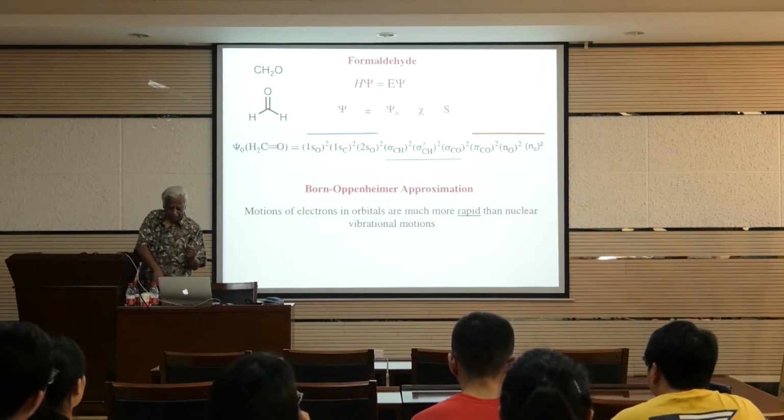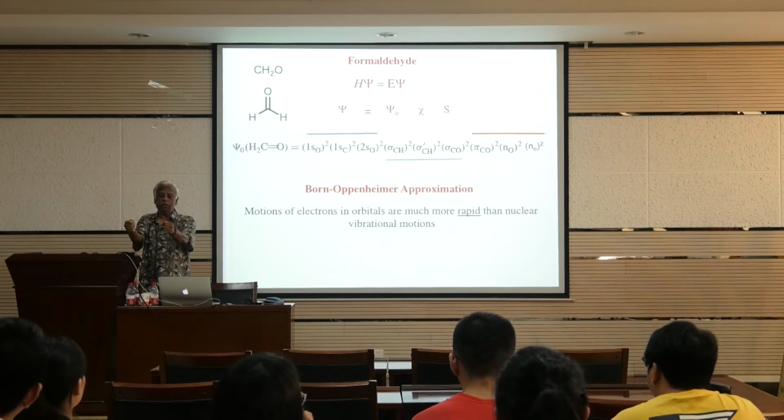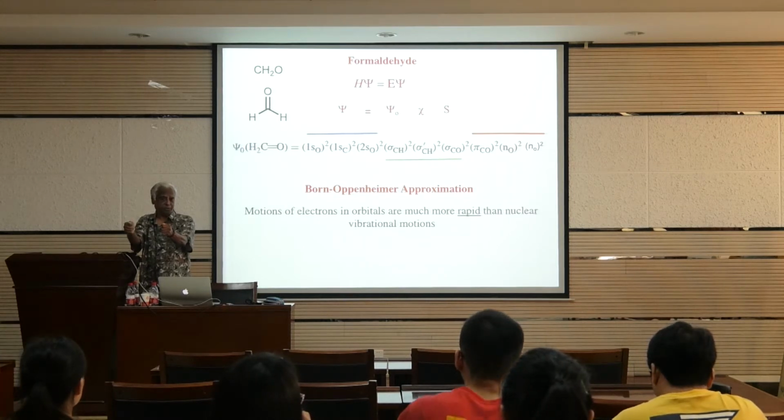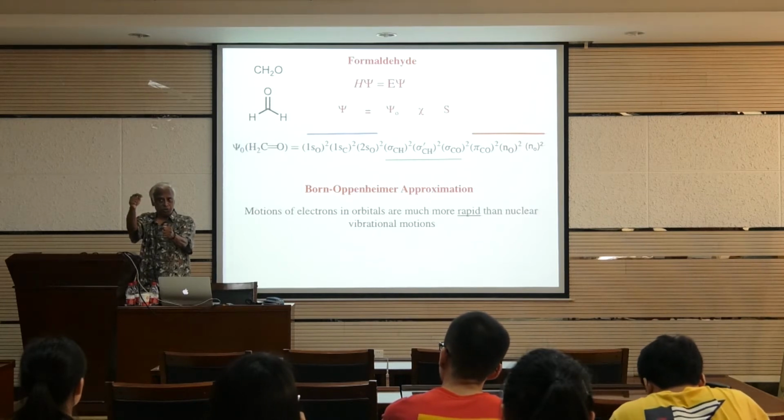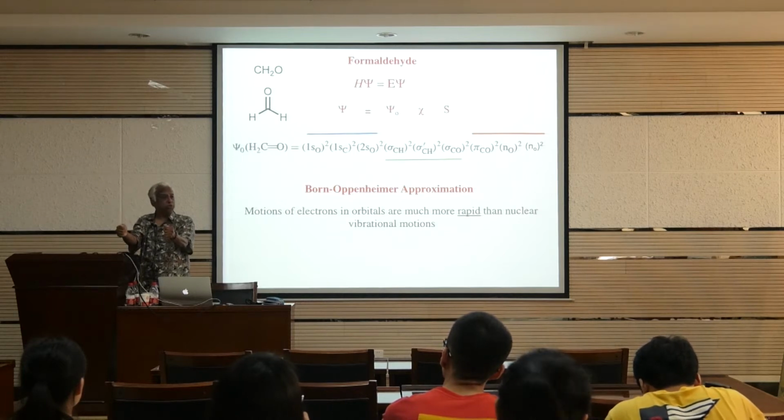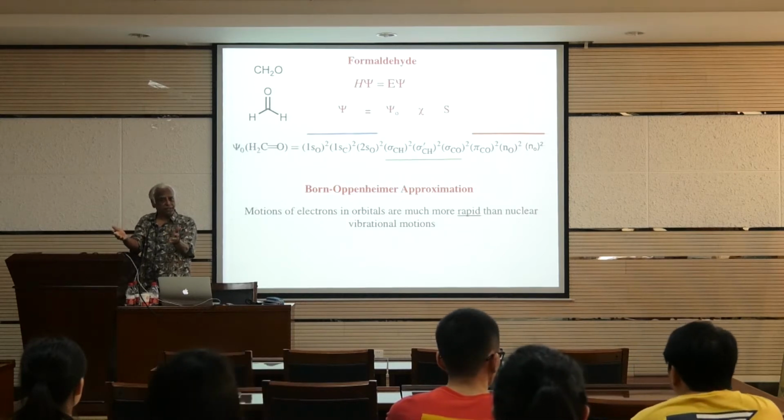So if you have nuclei A and B, the distance is, let us say, 2 angstroms. So the electrons are somewhere here. If the nuclei move a little bit, it will become 2.5. Now the electrons will quickly adjust to these new positions. How fast does it adjust?